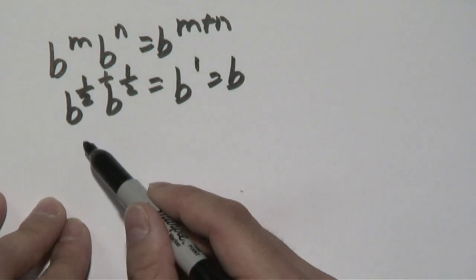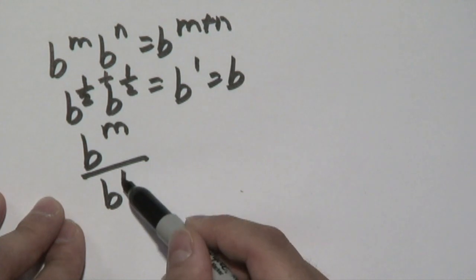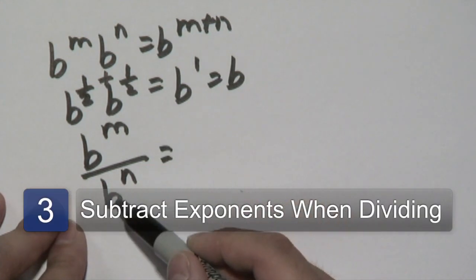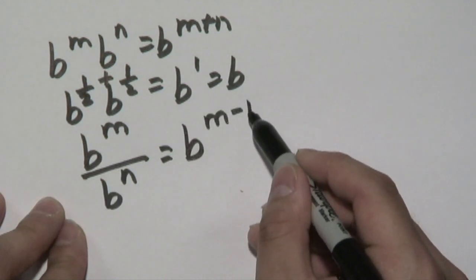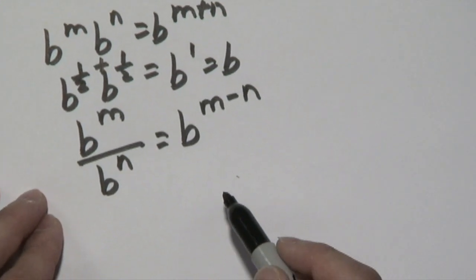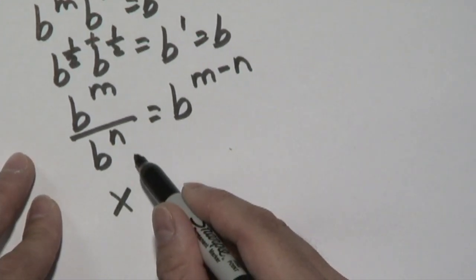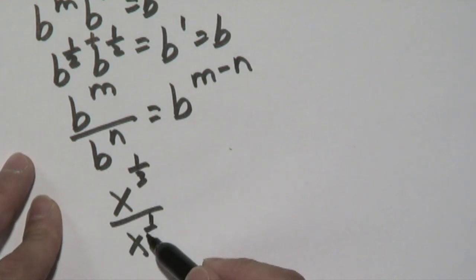Now, another property would be if you have a base to a power divided by the same base to another power, you would subtract those exponents as long as the bases match, which they do here. x to the 1/3 divided by x to the 1/4.